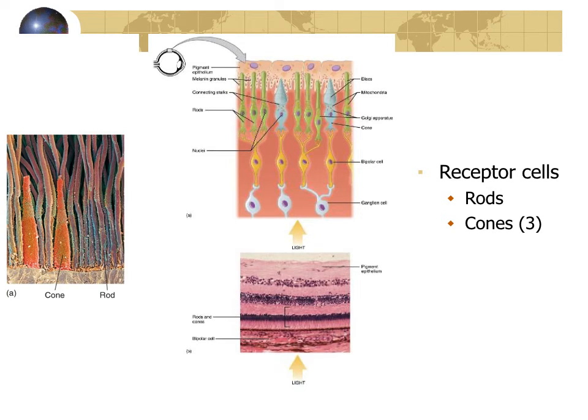Cones detect color light. There are 3 types. Rods detect the presence or absence of light, so kind of black and white vision. Cones are centrally located in the retina and are for our most precise vision, but they require more light and so are only active during the day. The rods are located in the peripheral regions and are more sensitive. Okay, these signals are taken by the optic nerve to the occipital lobe of the brain.